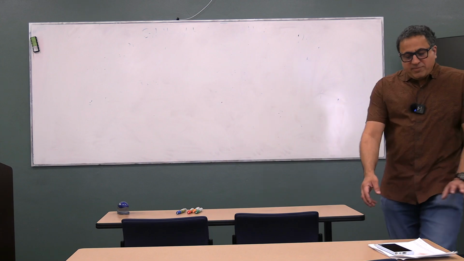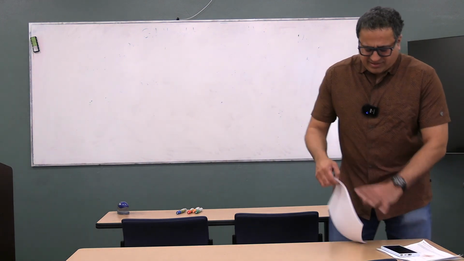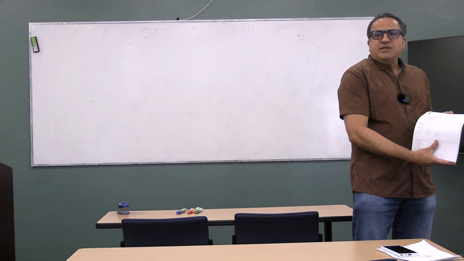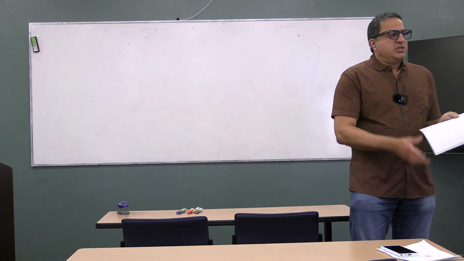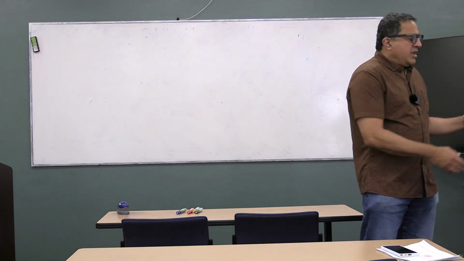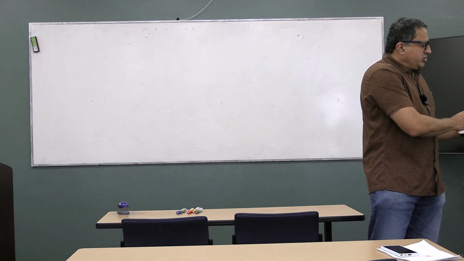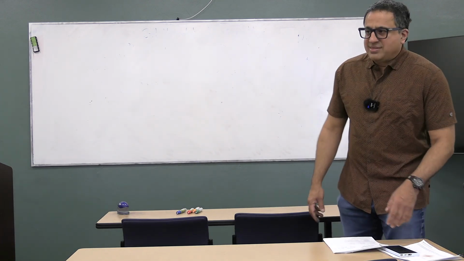So what I'm going to do after this class, I haven't done it yet, I'm sorry, is link select sheets from the space group tables and put them on the Canvas website. This is what I have, this big fat book called the International Tables of X-ray Crystallography, and this is what pages from that book look like. It looks daunting to start with, but I will show you that it isn't really as scary as you think.